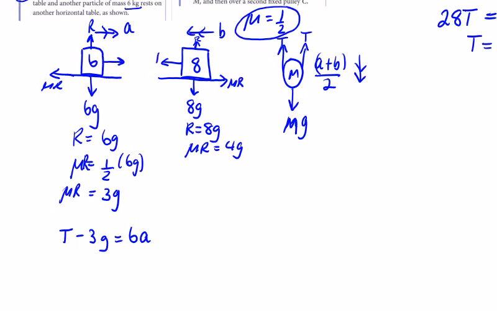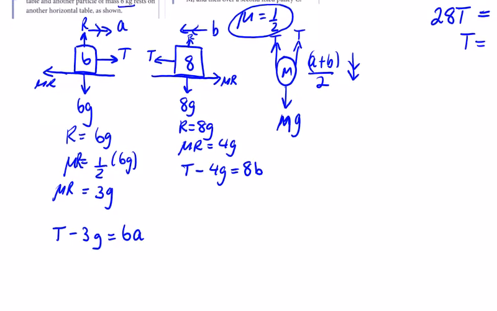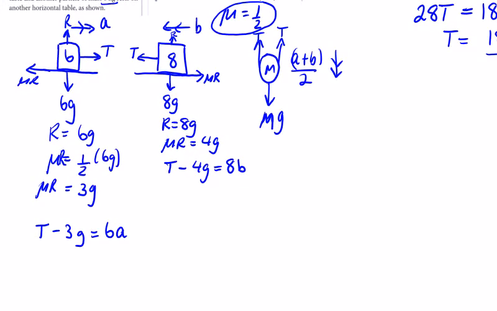So then my equation of motion is T minus mu R, 4G, is equal to MA, which is 8A. No, it's not, it's 8B. And then for the mass M, we have the direction Mg minus 2T is equal to MA, so big M by A plus B over 2.